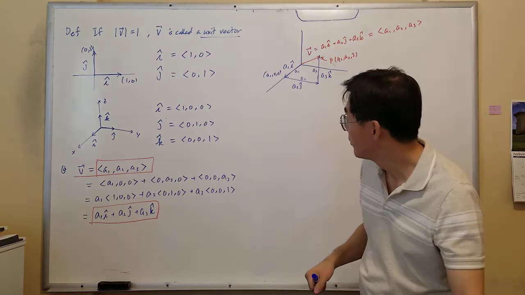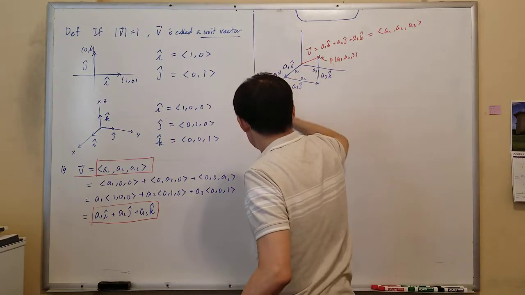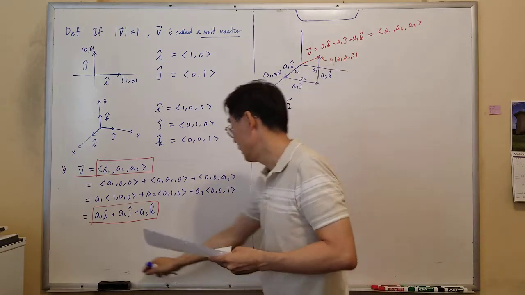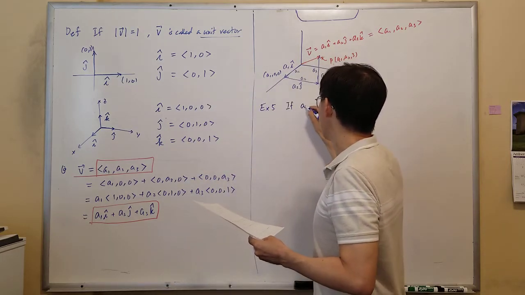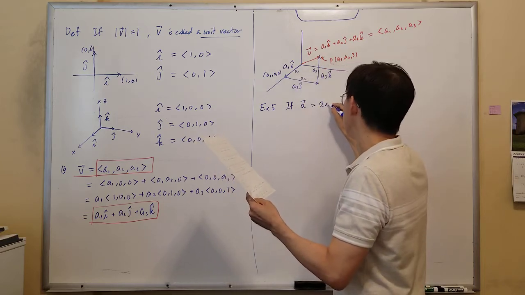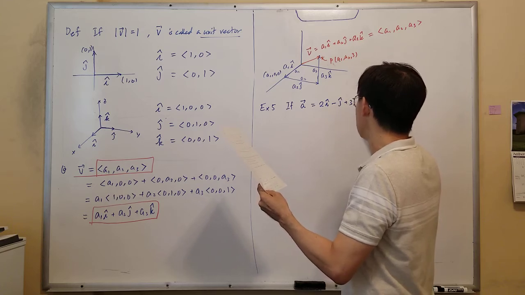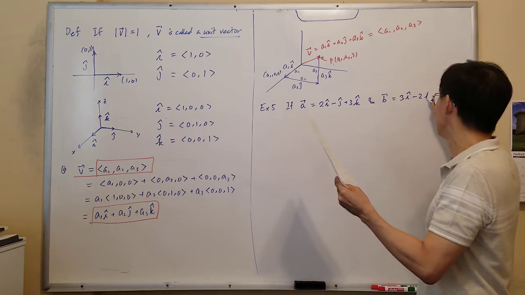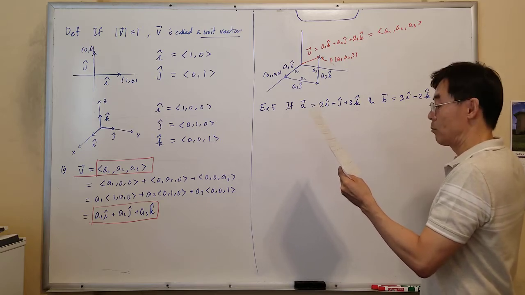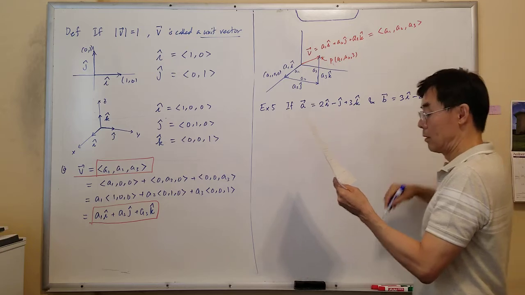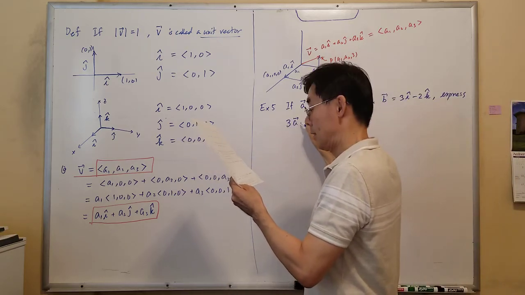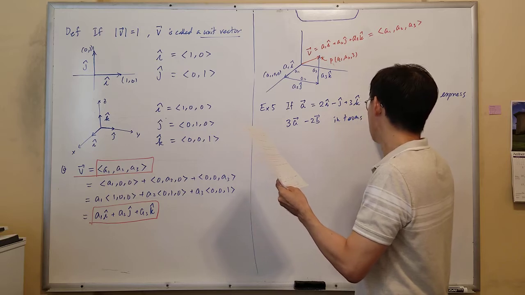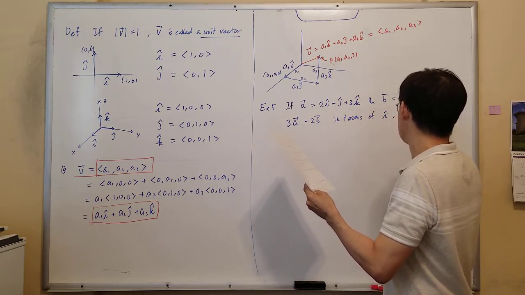All right. So example 5. If vector A equals 2I minus J plus 3K, and vector B equals 3I minus 2K, express 3A minus 2B in terms of I hat, J hat, K hat.